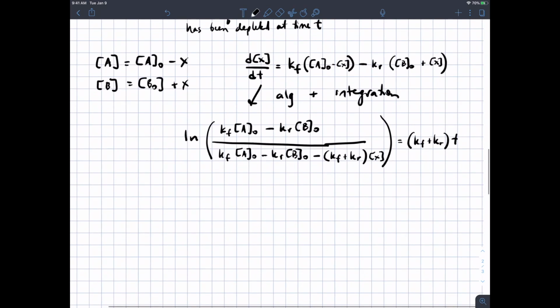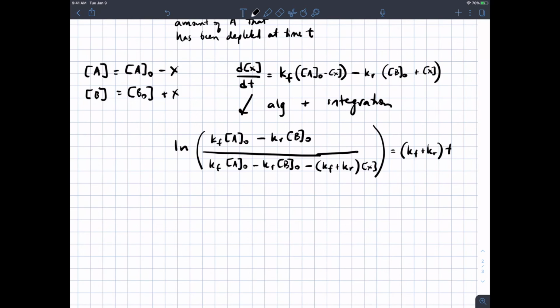So if we take the natural log of our rate constant times our starting A concentration minus our reverse rate constant times starting B concentration, same things in the denominator, only we also have the forward and reverse rate constants added together and multiplied by the extent of reaction, we get, again, an expression that's linear in time, and it's related to the sum of the forward and reverse reaction rates. Now, this isn't really simple enough to understand qualitatively, so we're going to simplify it a bit.